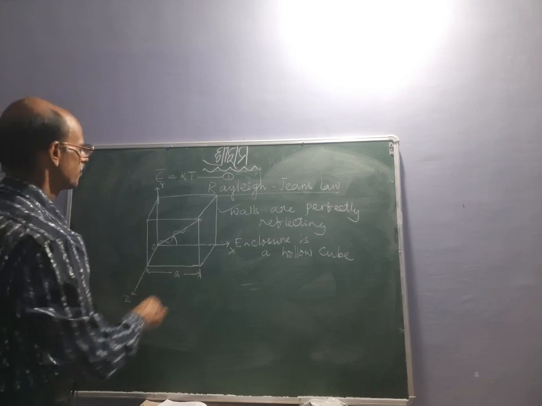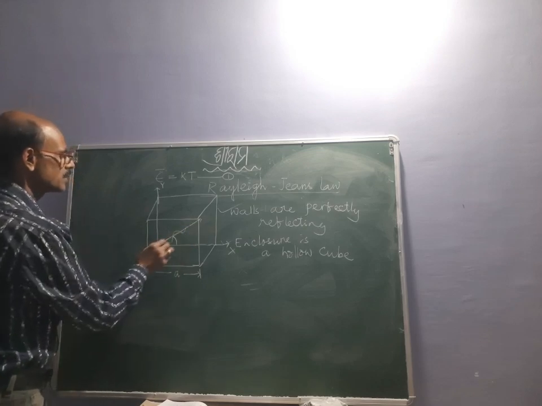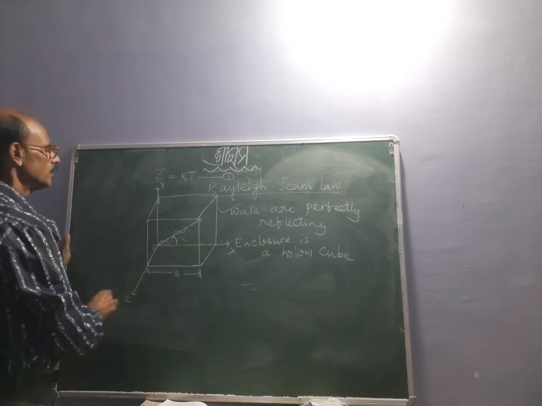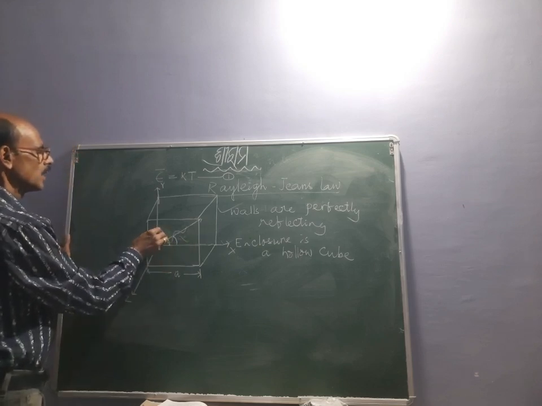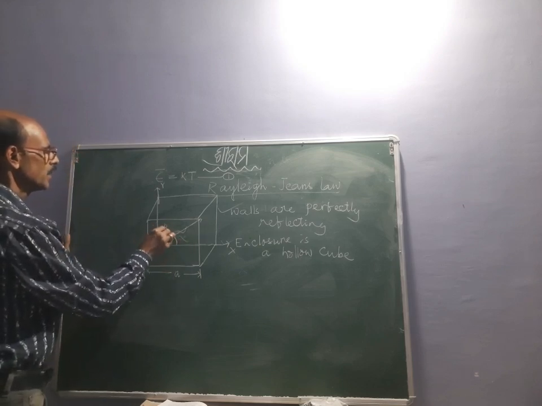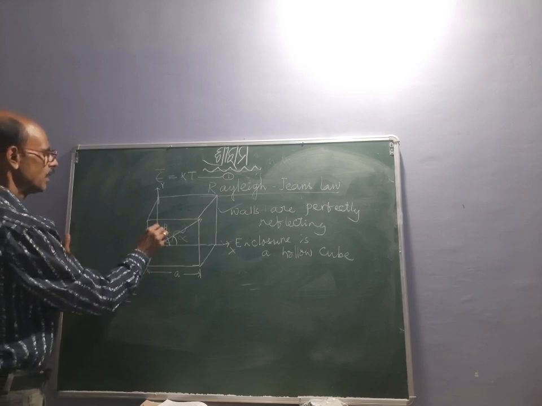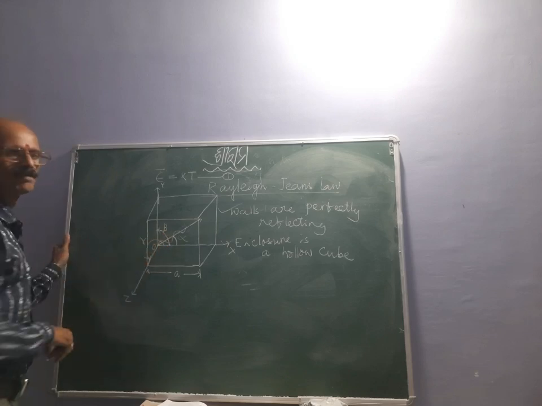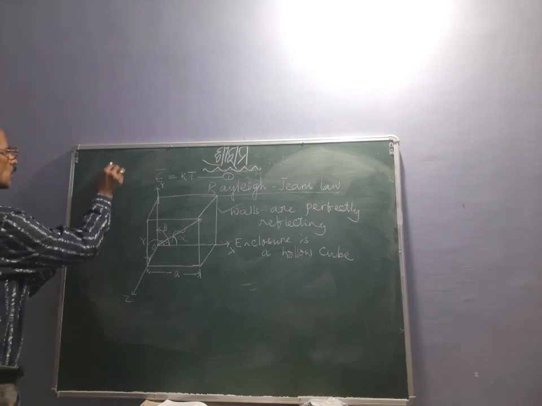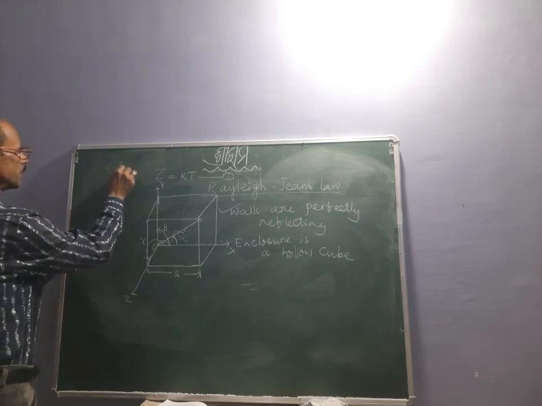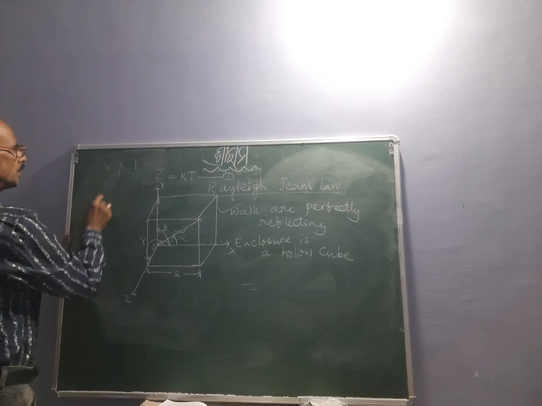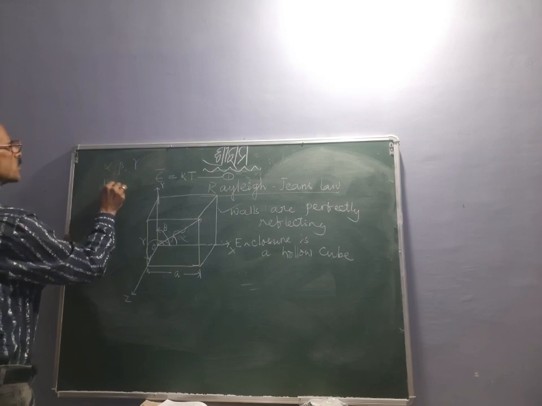Imagine this angle is suppose alpha, this is beta, and this one is gamma. So alpha, beta, gamma, these are direction cosines.